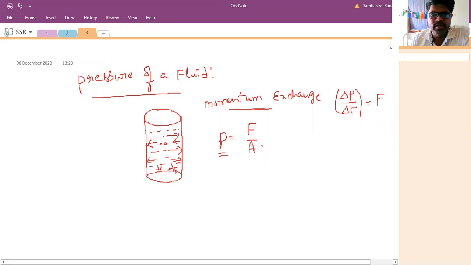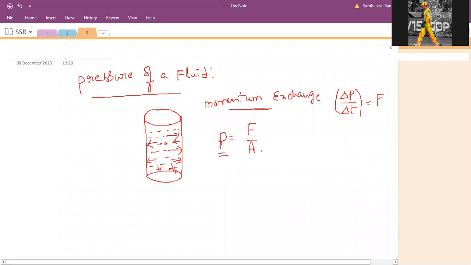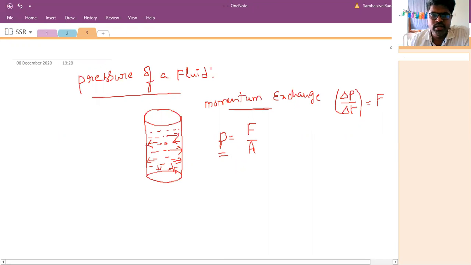Pressure P is equal to F by A. Suppose whether this pressure is developed or not, how to understand? Simply, you can put a small hole somewhere in this cylindrical vessel. Then immediately what happens? Will the fluid inside stay at rest or come outside?